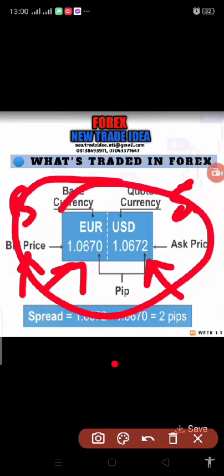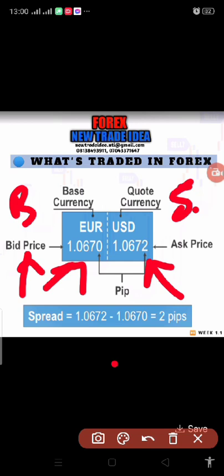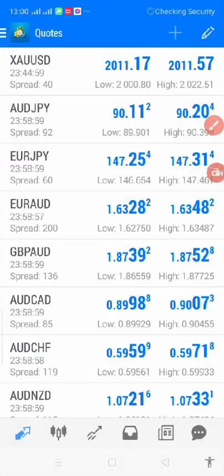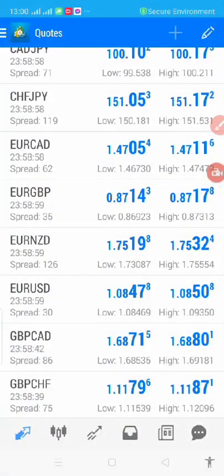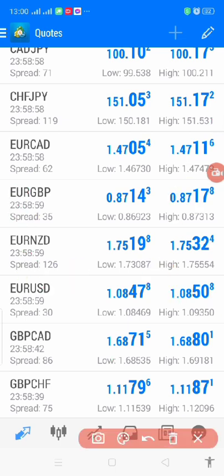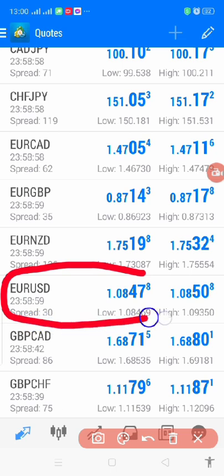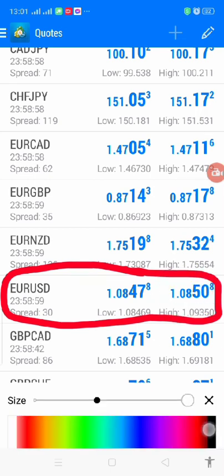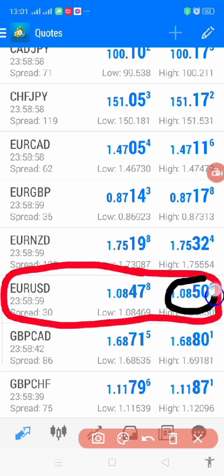Please take note. I'm not saying that anytime you buy Euro USD, you buy it at a particular rate. But if you go to MetaTrader 4 and look at Euro USD right now, if I place a buy order, I'm buying Euro USD at this price here.